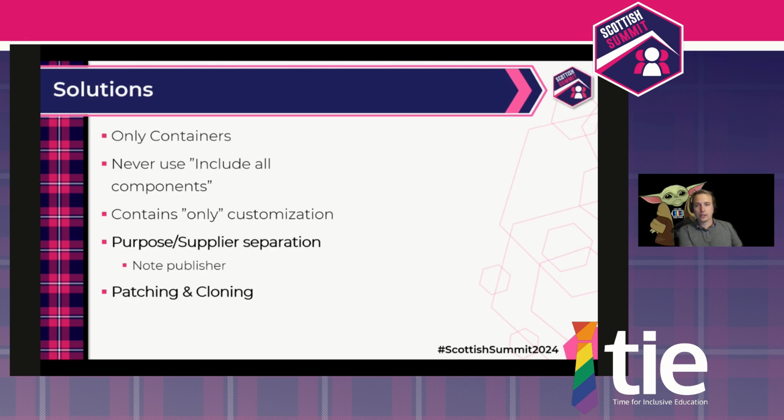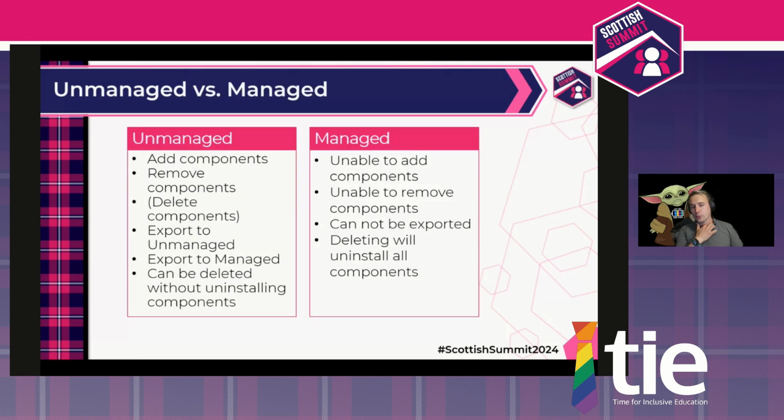So next, when it comes to solutions, we have something which is unmanaged and managed. What does that mean? We have unmanaged solutions on the one hand, where we can add components, remove components, and delete components from the solution. So we can delete components from the environment which are within such an unmanaged solution.